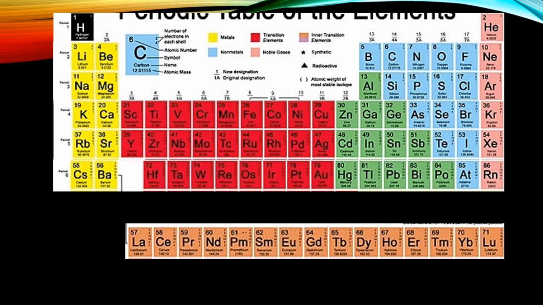These elements are called the lanthanide series. They are part of the 6th period, and they are also called the inner transition elements, and the name of this series is the lanthanides, and it is part of the 6th period. So the 6th period contains a total of 32 elements.